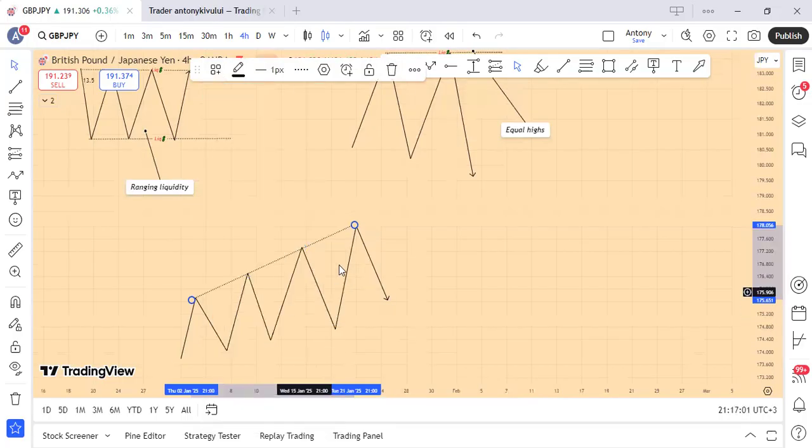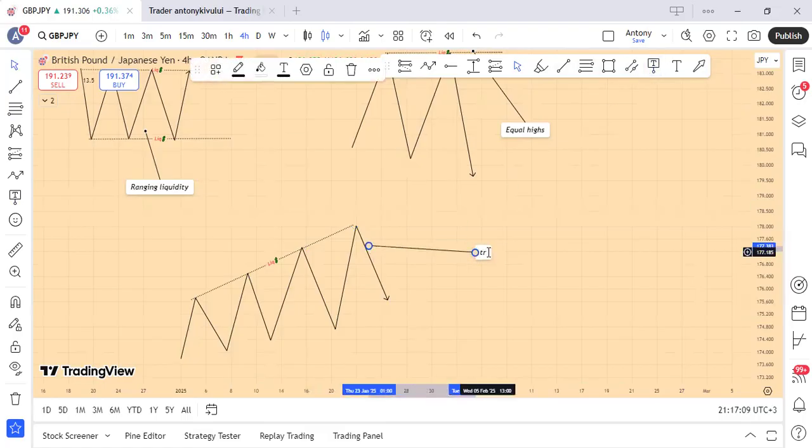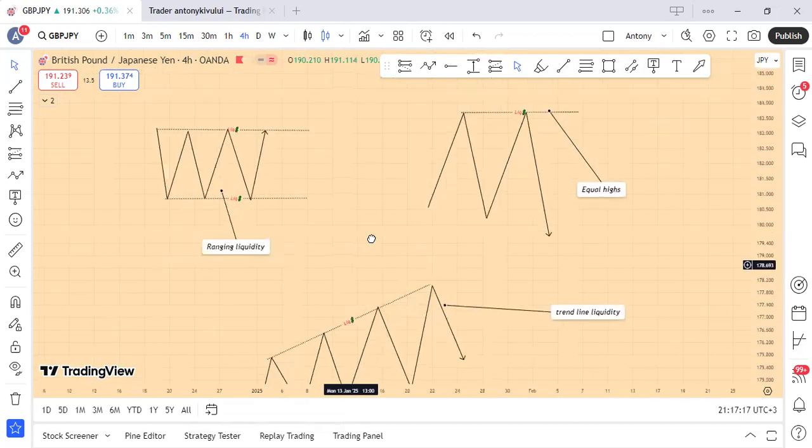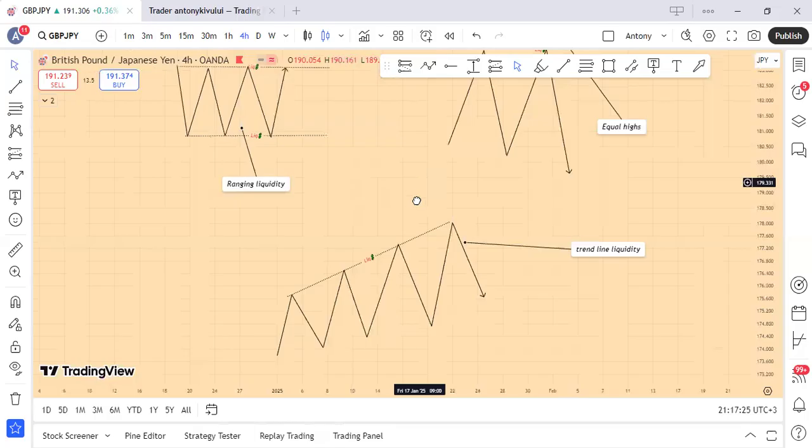So this is also liquidity, and this is what we call trend line liquidity. So these are the three main types of liquidity. We have ranging liquidity, we have the equal highs liquidity, and we also have the trend line liquidity.